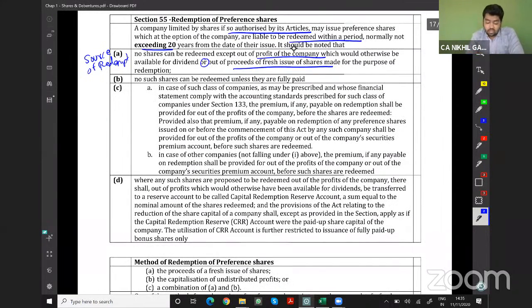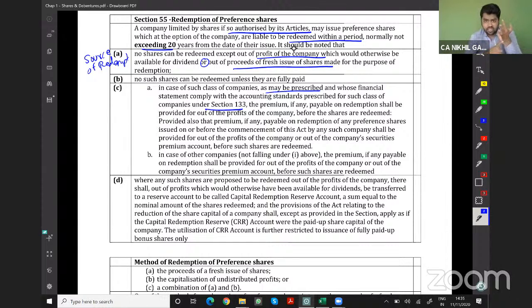See, in case of such class of companies as may be prescribed and whose financial statements are audited under section 133, there is a restriction on securities premium, which we have read. Securities premium can be used for 5 purposes: first is bonus, buyback, preliminary expenses, expenses relating to issue of shares and debentures, and premium paid on redemption of preference shares and debentures.